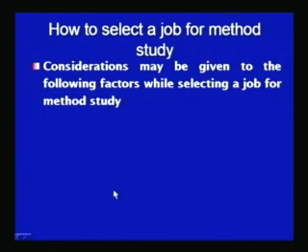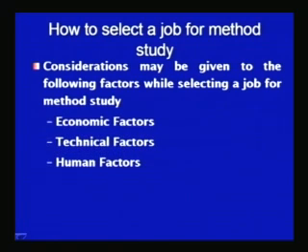Consideration may be given to the following kinds of jobs for selection for carrying out the method study. The factors to be considered for selection of the job for carrying out the method study are 3, and these are very important.